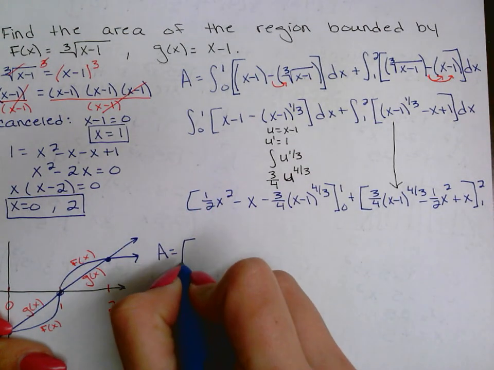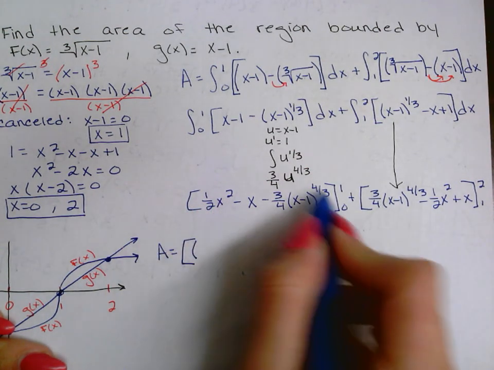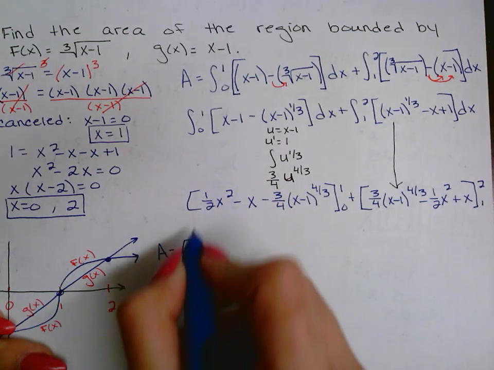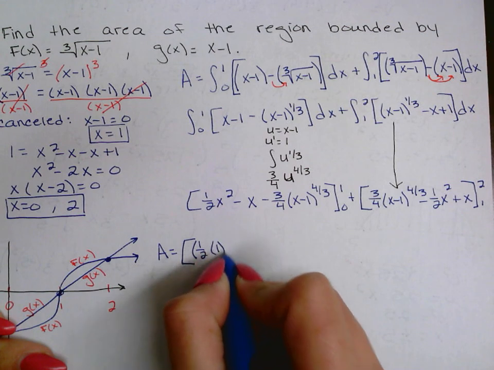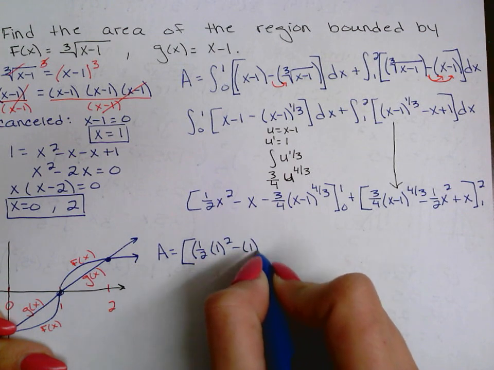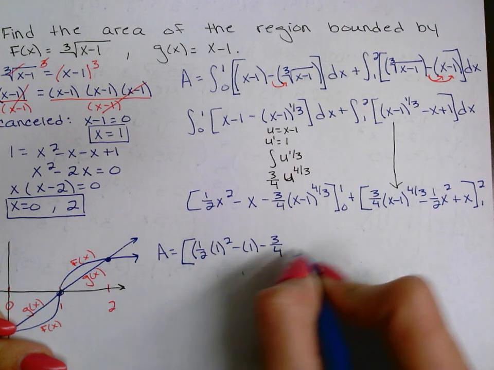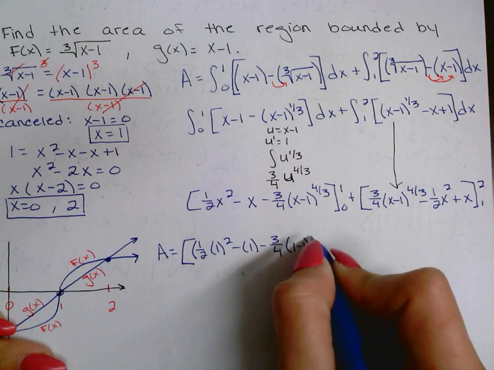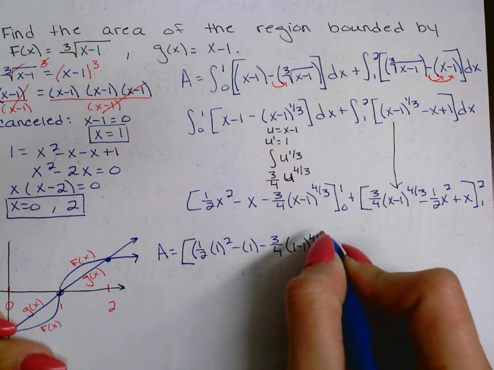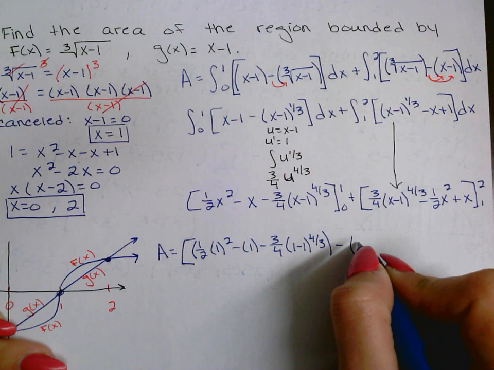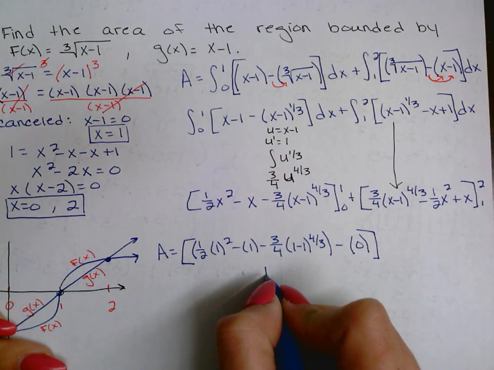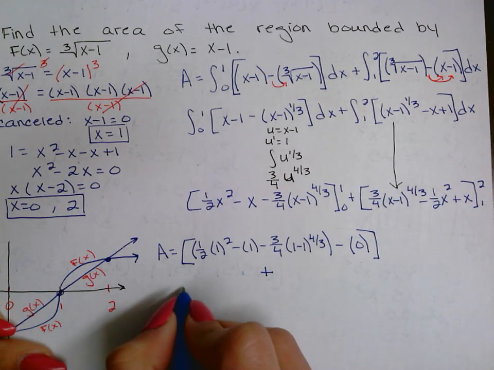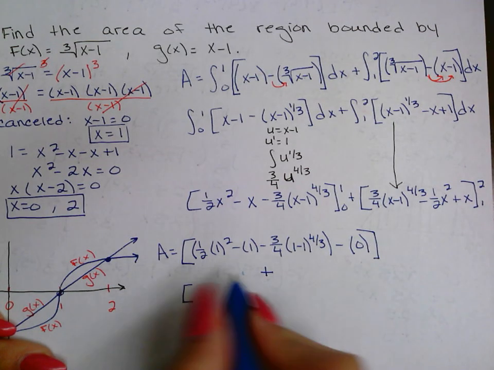So I'm going to do the first one, and then I'm going to say plus the second one. So I have the first function at 1 minus that first function at 0 will all cancel out. Plus, now the f of b minus f of a, the second one.